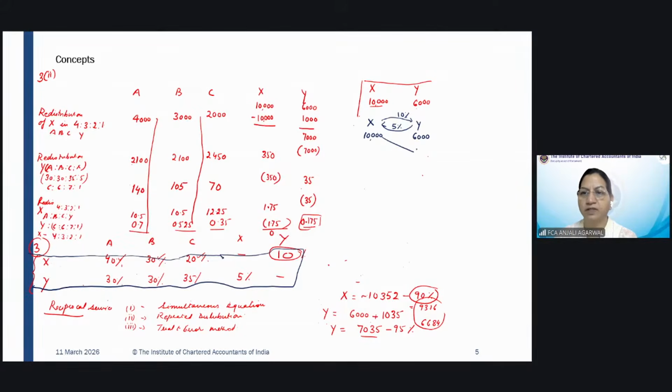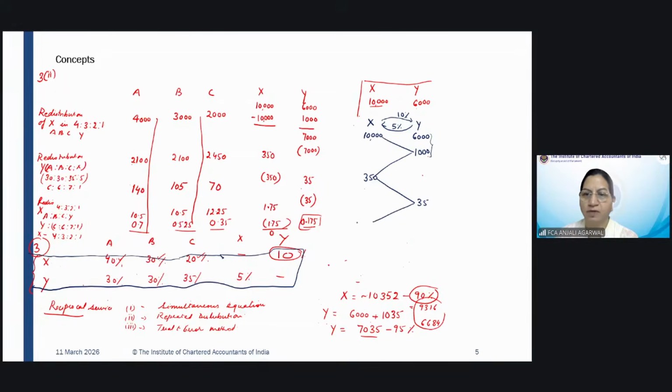Distribute 10% of 10,000, it will become 1,000. So now the total in X will be 7,000. Distribute 5% of 7,000, 350. Distribute 10% of 350, 35.